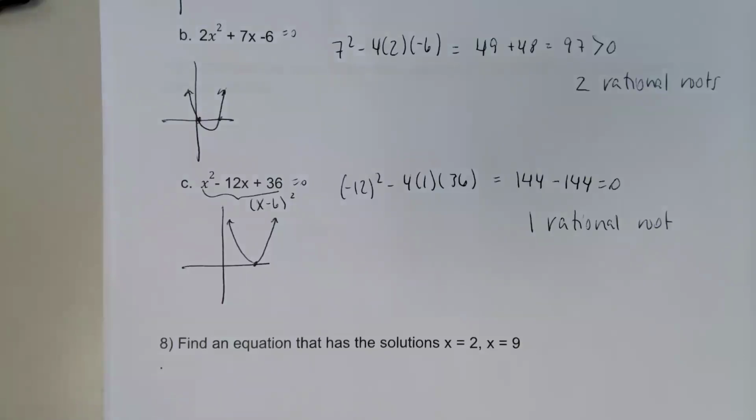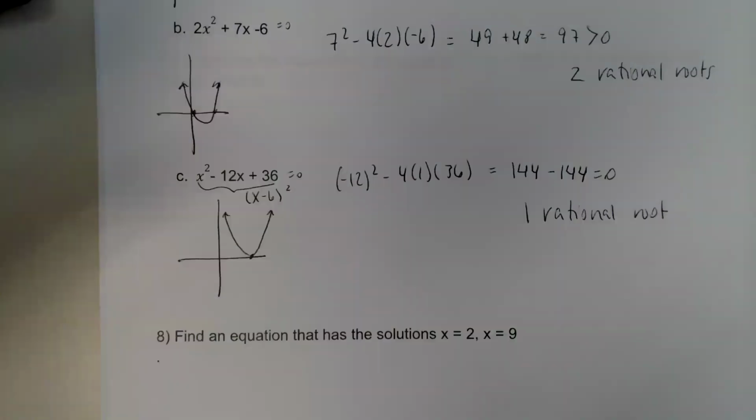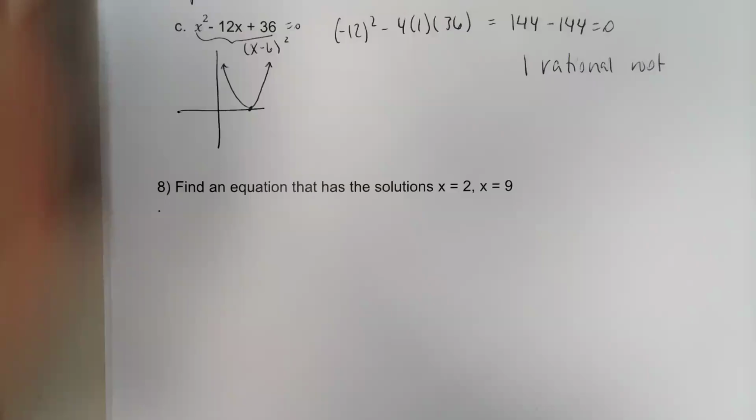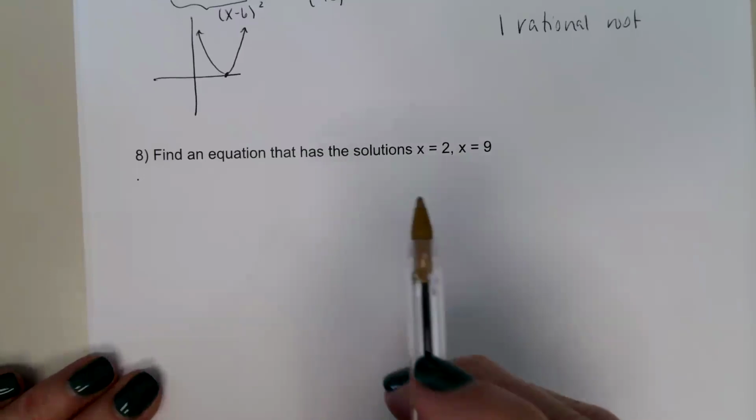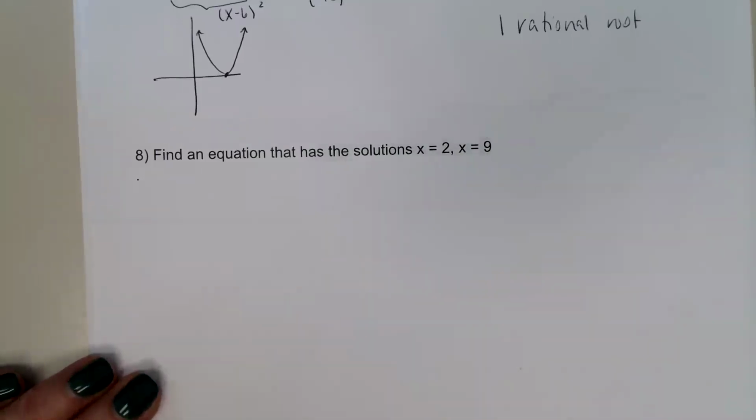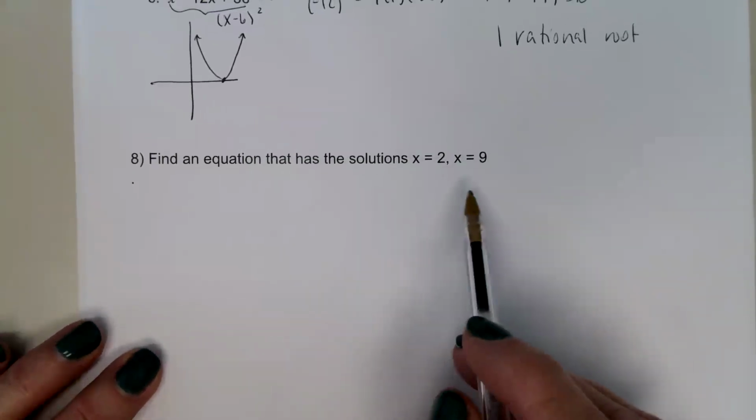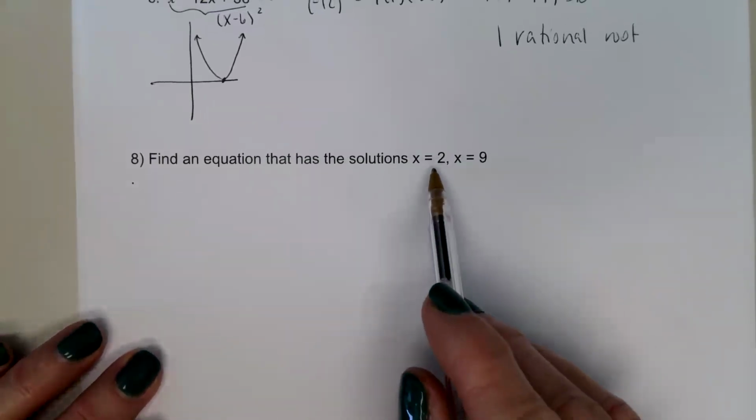Okay, number 8. Numbers 8 and 9 are asking you to come up with an equation if you already know the solutions, which is really cool. If you already know the solutions, we can work backwards.